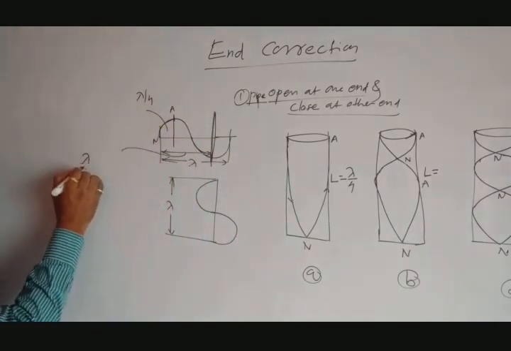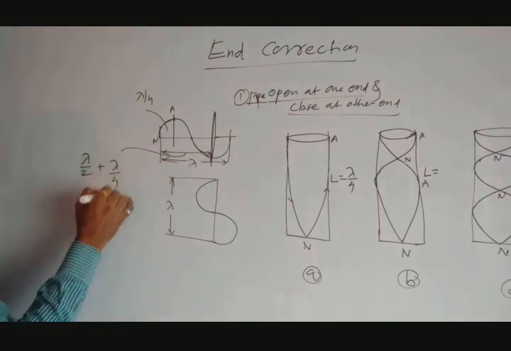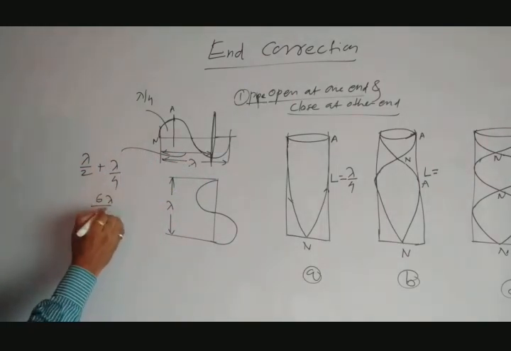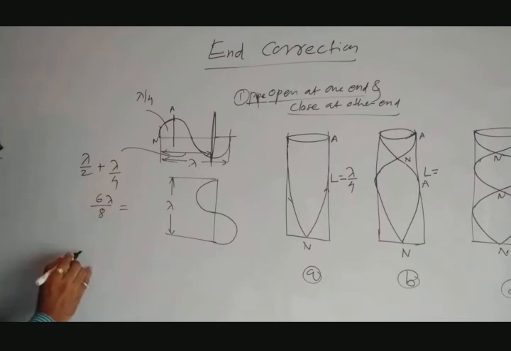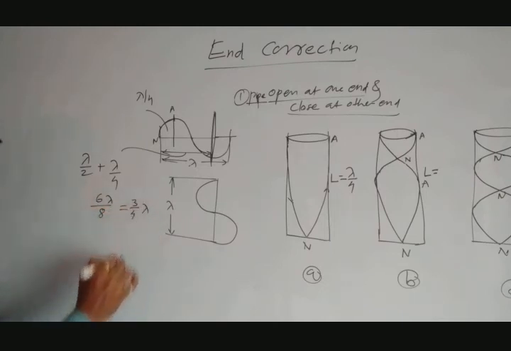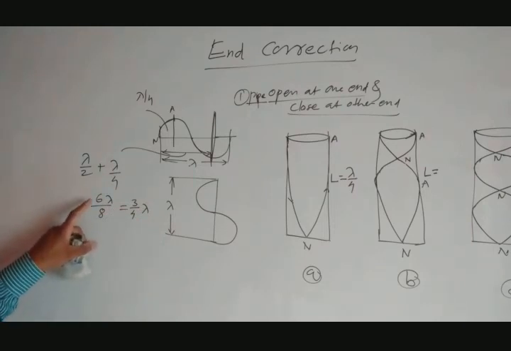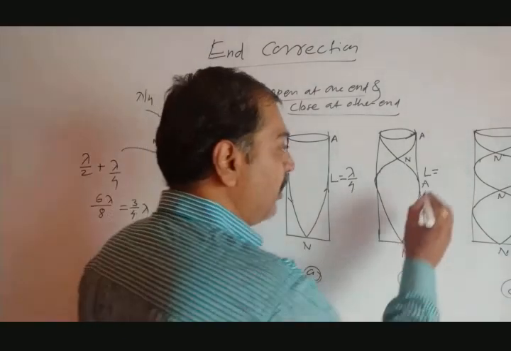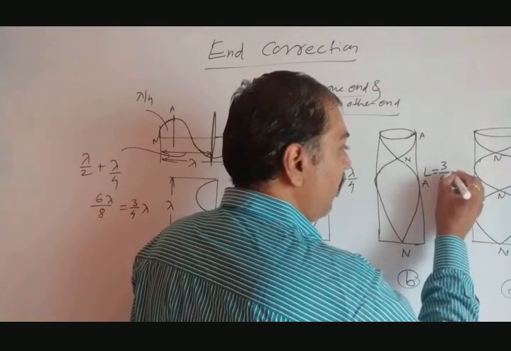I will write lambda by 2 plus lambda by 4. Okay, 4 plus 2, 6 lambda by 8. Just divide by 2. 2 3s are 6, 2 4s are 8. So 3 by 4 lambda.